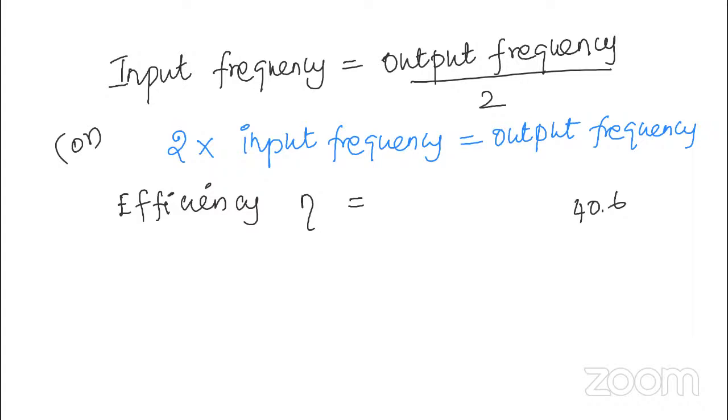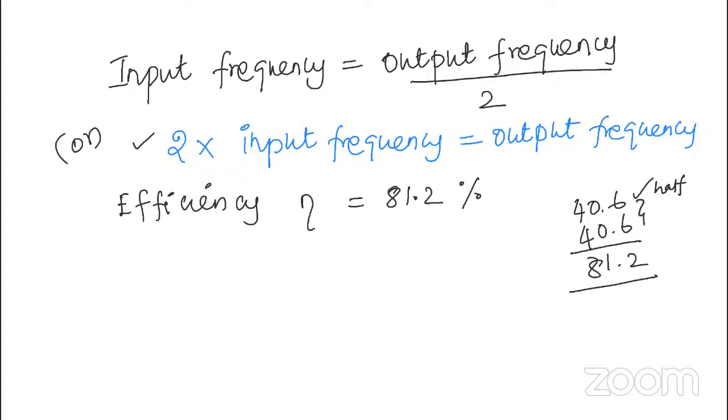So here it is multiplied by 2, the input frequency. So 40.6 times 2, it is 81.2. So for the full wave rectifier, the efficiency value is 81.2%. This is only for a half wave. Two half waves together make our full wave.